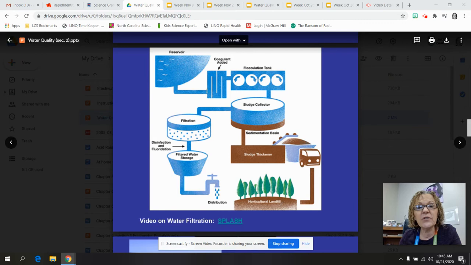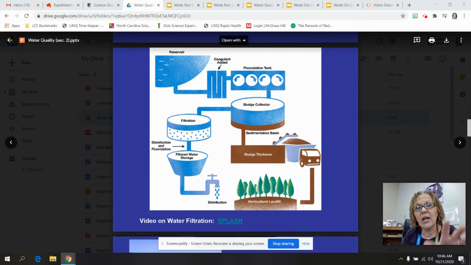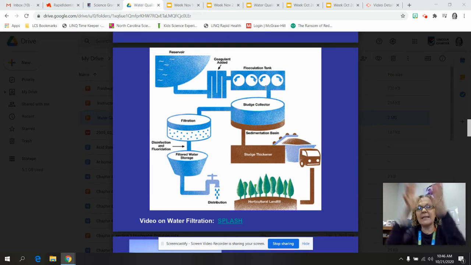So it goes first through this filtration system where a coagulant is added. And a coagulant is sort of like these little sticky flocs that will stick to all the bacteria. And then it goes to the flocculation tank where it spins it all together so that coagulant can start connecting with all the bacteria and debris.